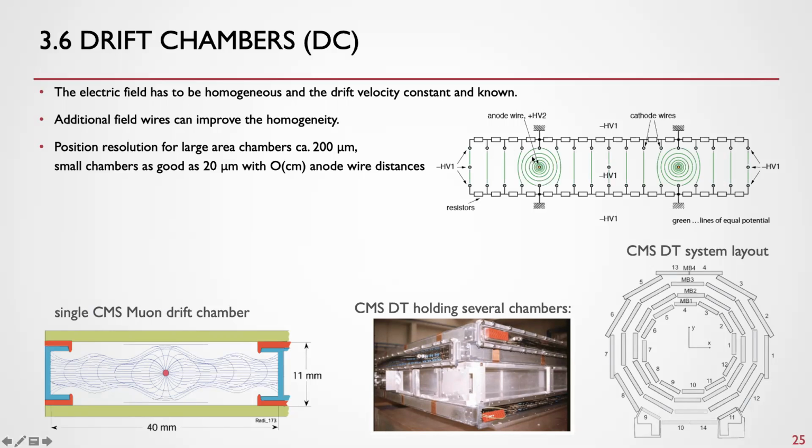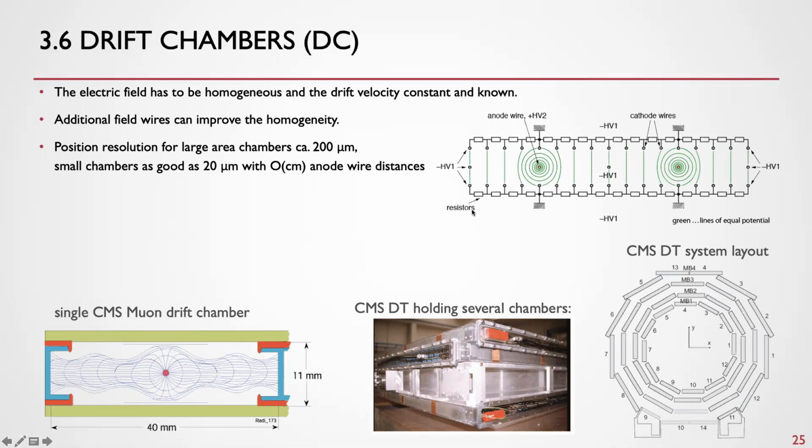The configuration of the CMS drift tubes looks like this. We have anode wires in a large spacing, and a fine grid of cathode wires put at the provide a constant electromagnetic field. These are small resistors making the potential a linear function of the z coordinate here in this case.